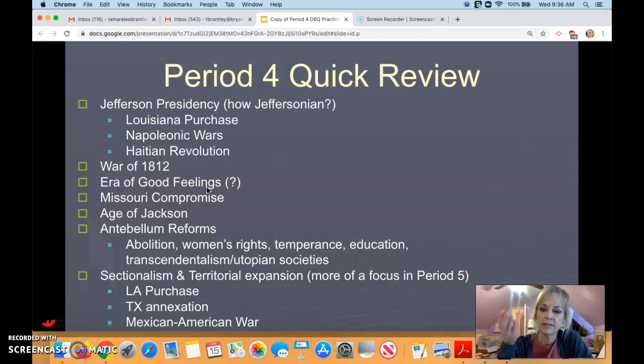The continuity is that the North continues to be the industrial section of the country, even though we're expanding to the West. The South continues to be agricultural in nature, dependent upon a large labor force. That labor force is going to be slavery, and the tension over the politics of whether free or slave is going to be in control is a continuity that exists during this time period, even though it's technically called the era of good feelings.